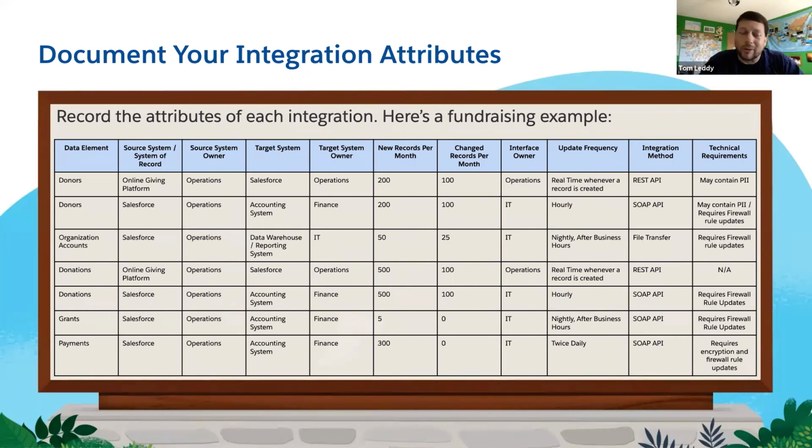And one of the other things to keep in mind is if you've got something in your source system where you're constantly making changes to the structure of the data, that integration is going to fail if you don't update the structure of the data in the target system as well.